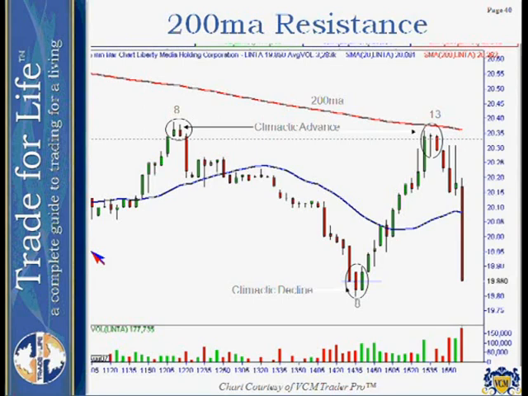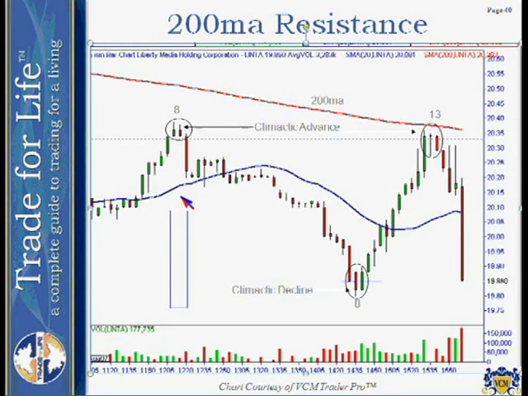Now, here's my question to see if you really got this. Your daily bar on this stock looks like that.